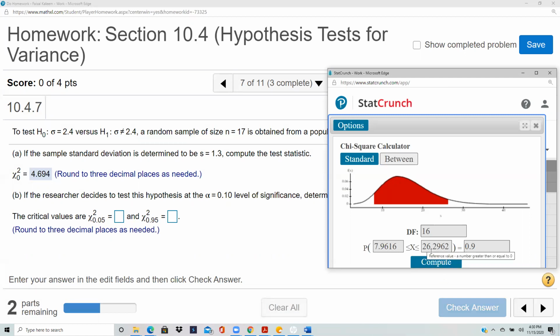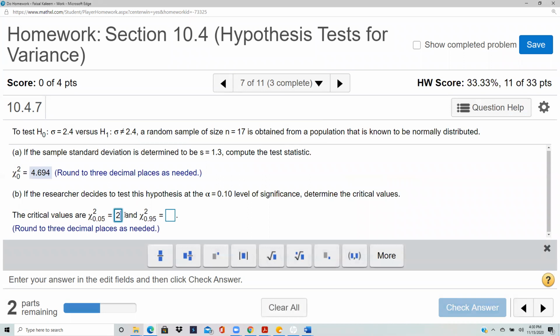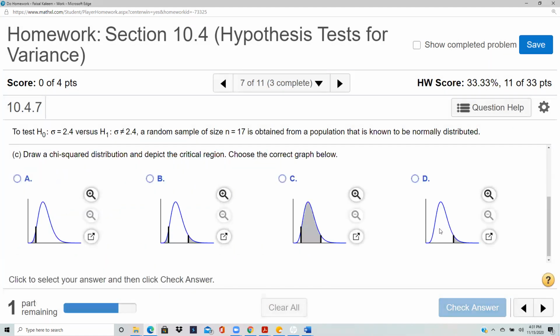So that'd be 26.296, and the other one will be 7.962. Okay, and this is two-tailed, and this is the one which has two tails. All right.